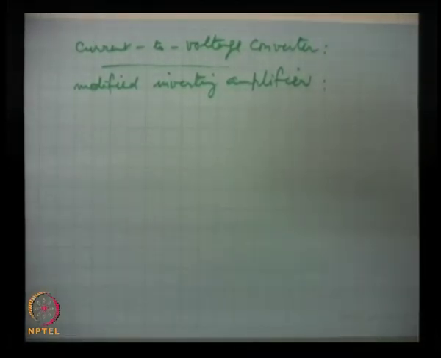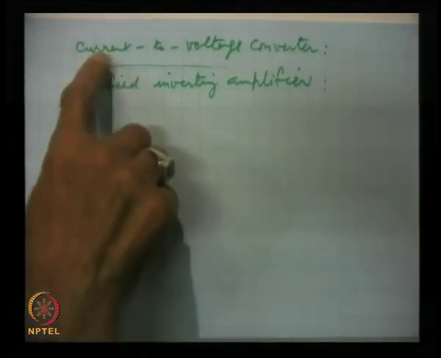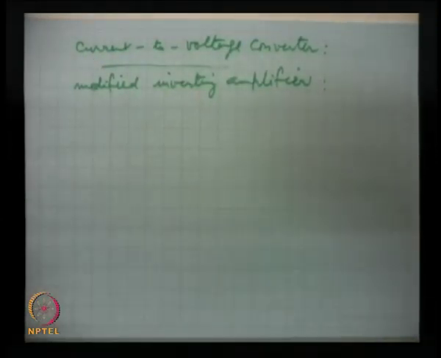There are many situations where such kind of application will be required. For example, in photosensitive devices, photodiodes, the currents are available which will be varying with intensity or whatever it is. So, those currents have to be converted into voltage format for further processing, and so a current to voltage converter will be a requirement.